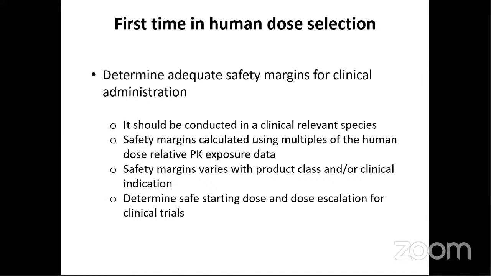The NOEL studies should be conducted in clinically relevant species, and the safety margins are calculated using multiples of the human dose, relative to the PK exposure data. The safety margins vary between product class or clinical indication, and in determining the safe starting dose and dose escalation for a clinical trial, the safety margin is very important.